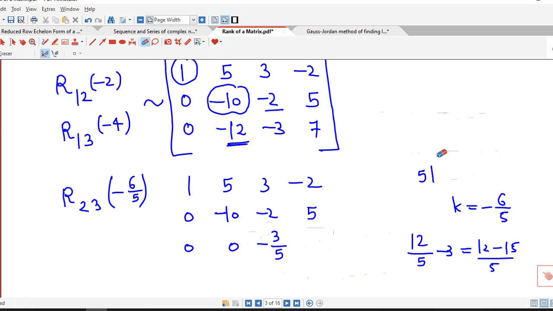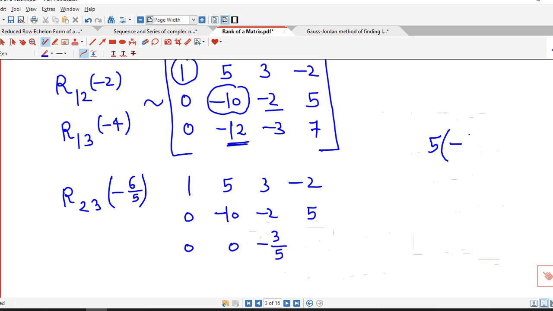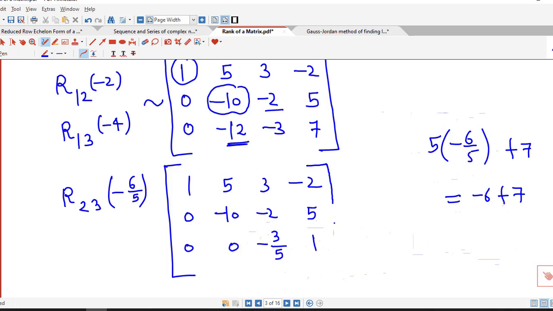Similarly, I have to consider 5 into minus 6 by 5. So 5 into minus 6 by 5 plus 7. Here 5 will cancel out and we obtain 1 here. Now we can check whether this is in row echelon form or not.